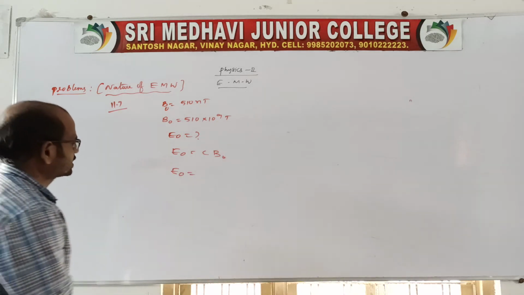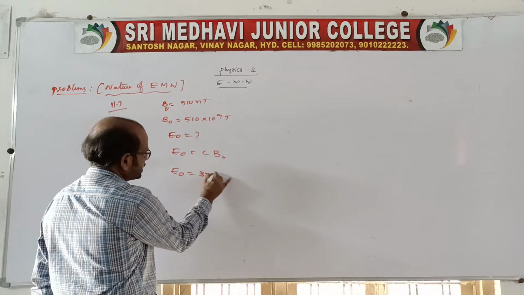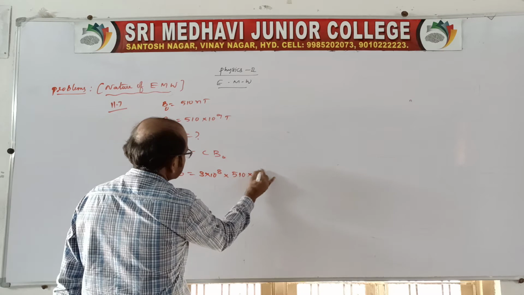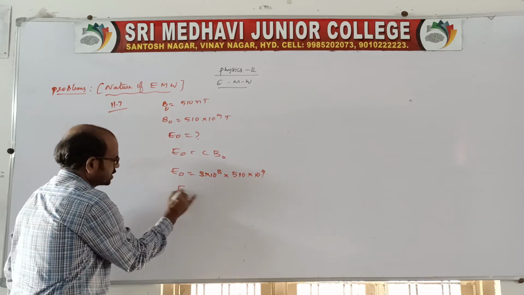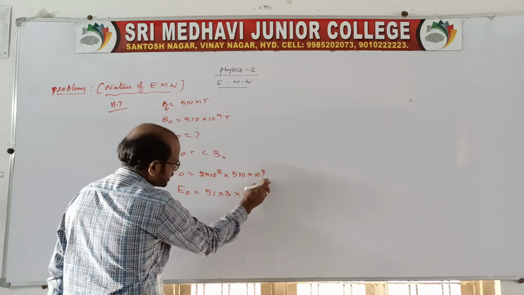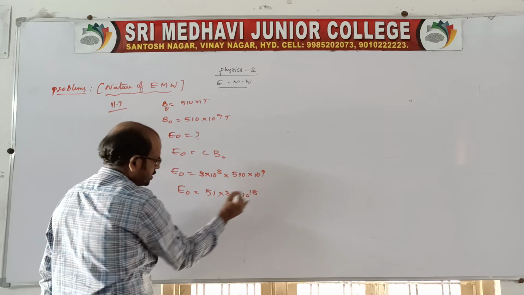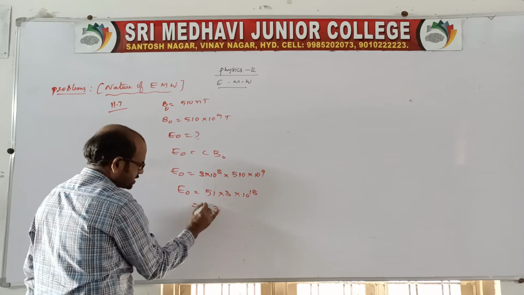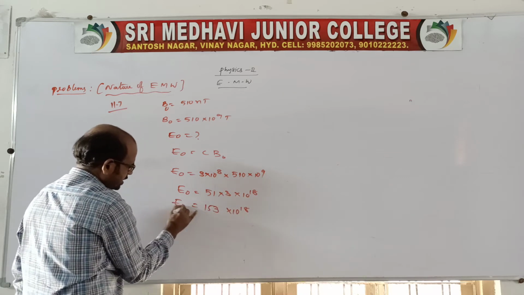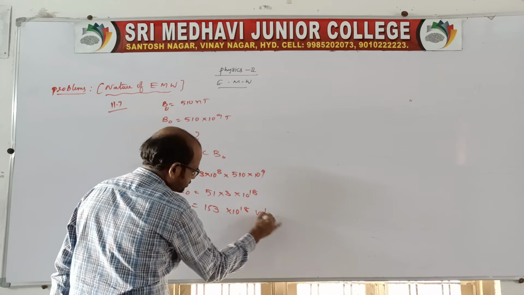C is 3 into 10 power 8, B naught is 510 into 10 power minus 9. So E naught is equal to 5 into 3 into 10 power 10, it is 18, so 15 into 10 power 8, volt per meter.